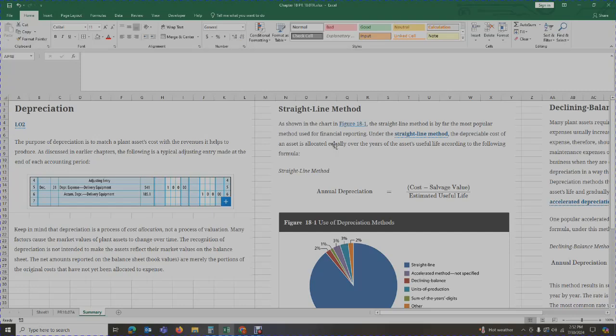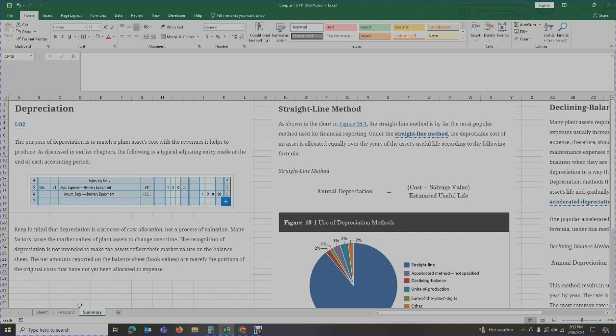Okay, so we also need to keep in mind that depreciation is a process of cost allocation, not a process of valuation. Cost allocation will help us obtain the book value of the asset. Now, the book value has nothing to do with the market value. The market value is what the demand is, depending on the product, how much it's worth in the market.